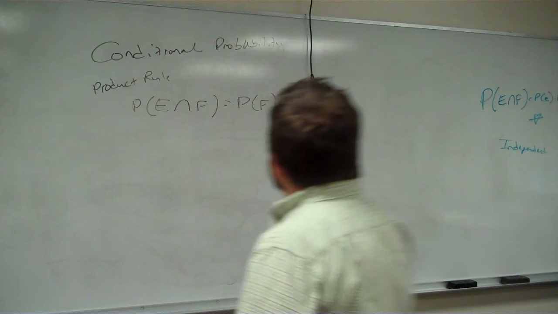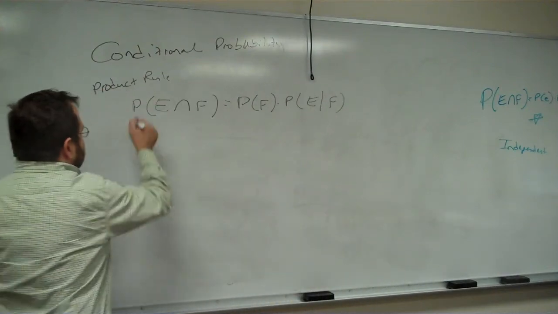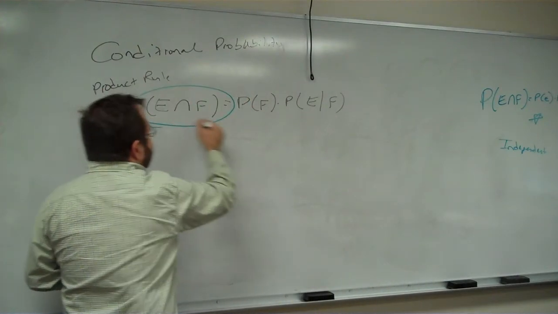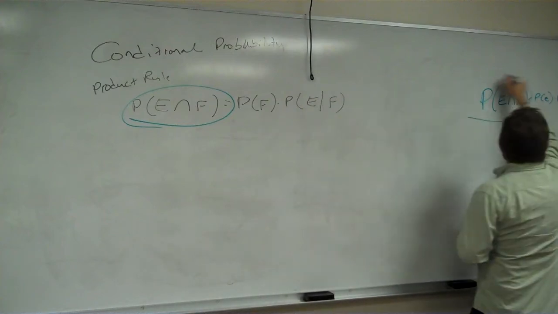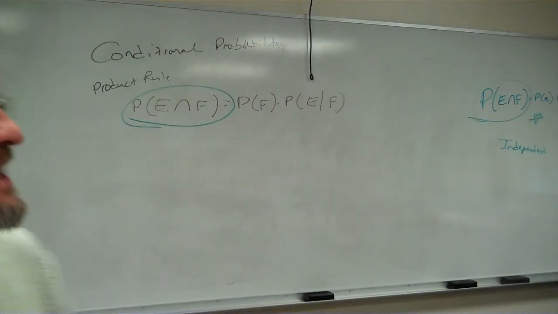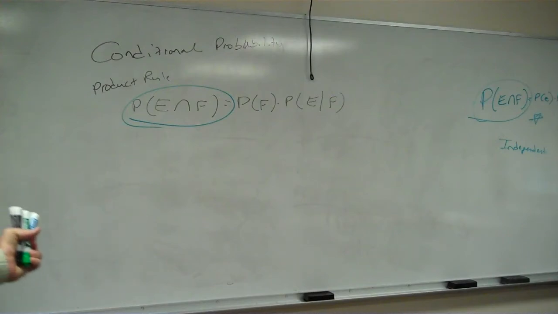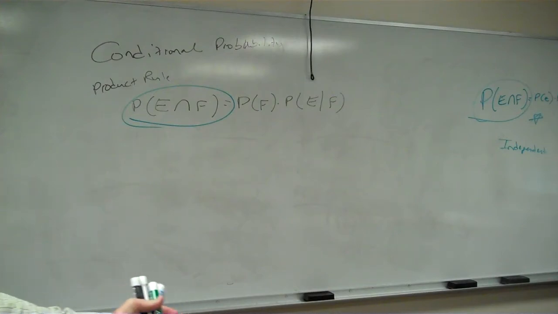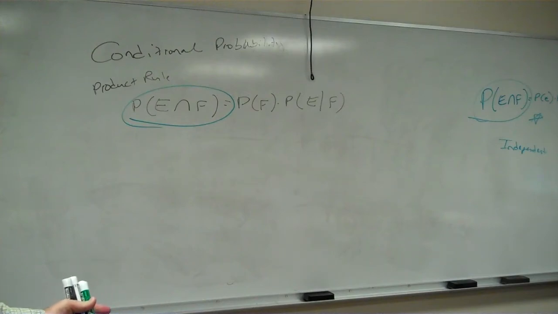Well, now we have another formula. I mean, look, this one was asking about E and F, and this one's asking about E and F. They're not that different. But this one's going to work if they're not necessarily independent. For example, on that problem we had with the 3 cities, the choices of your second city weren't independent of the first one.